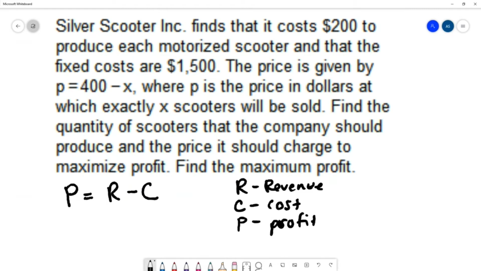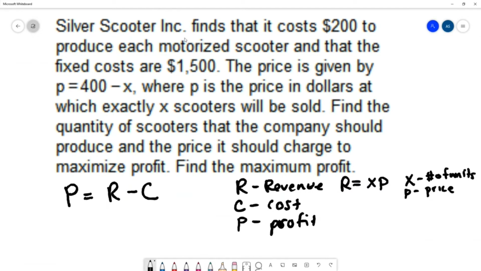Now, the revenue function can be found by doing X times P, where X is the number of units and P is the price. Now the cost is more complicated. There are more things involved in figuring out the cost function, but our problem describes the cost in detail for us.